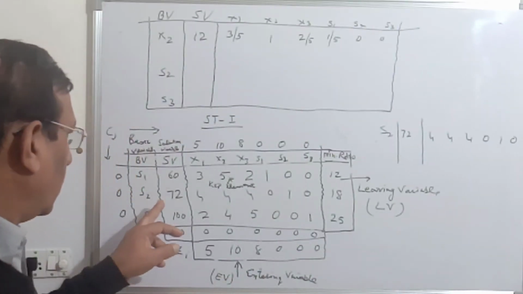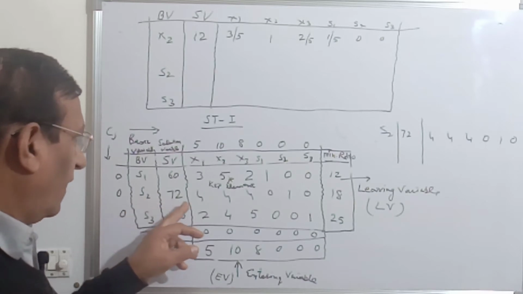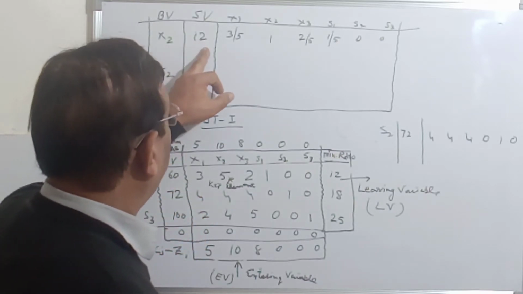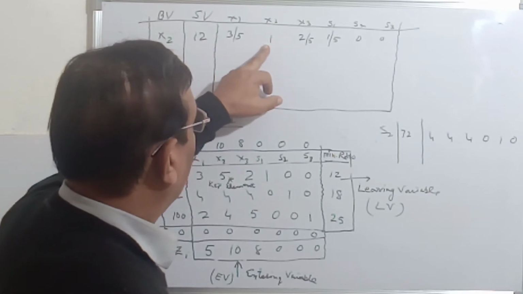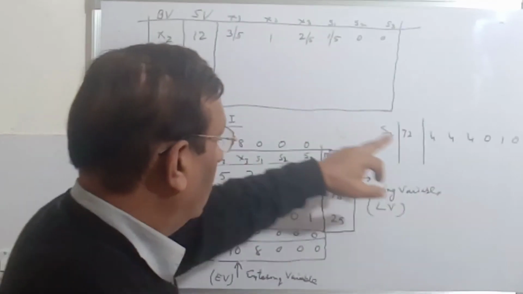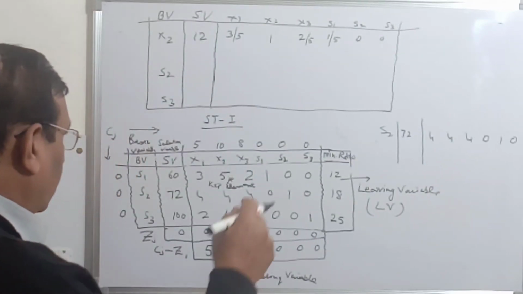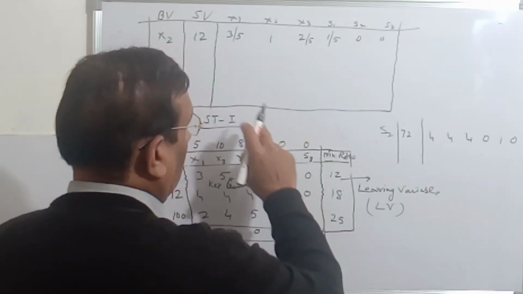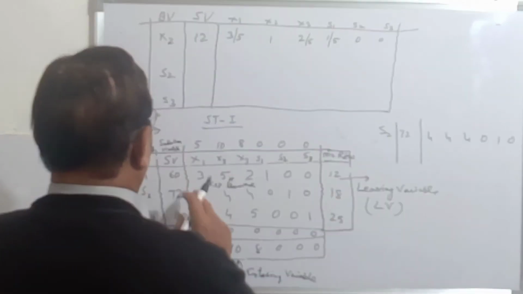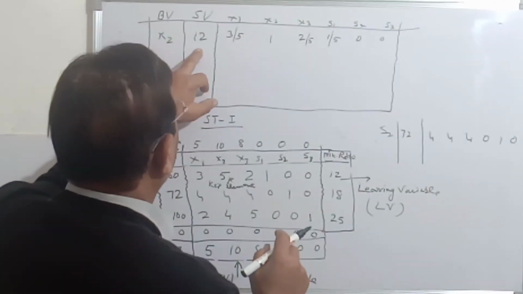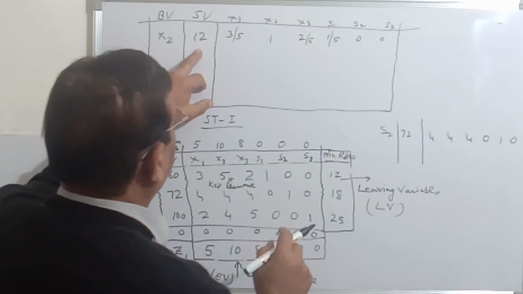This is your second row, S2 row. Now multiply this new row with 4, because if 4 comes, then you will get 0 over here. Right? So now multiply this row with 4.